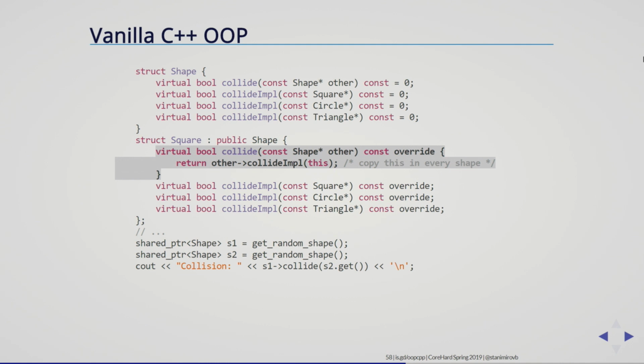And another thing is that if we add a new shape to our hierarchy, we need to change the base class too in order to add it to this whole list. And again, this is very unpleasant, but it's easily solved if we do what we did in our previous example, and that is add the virtual table to the function and not the object.